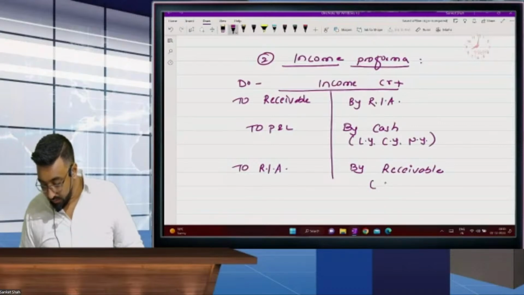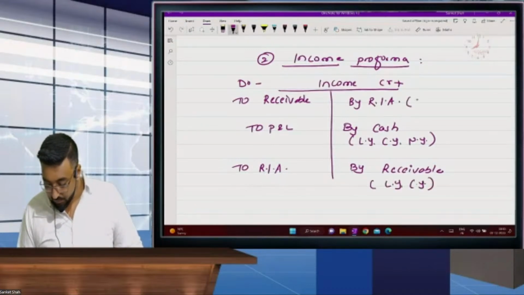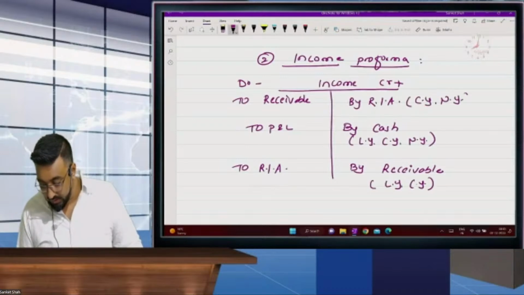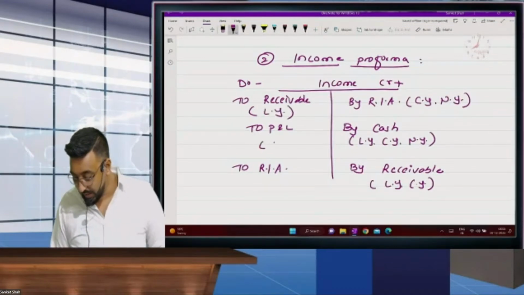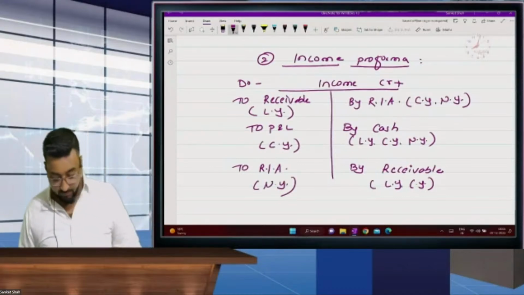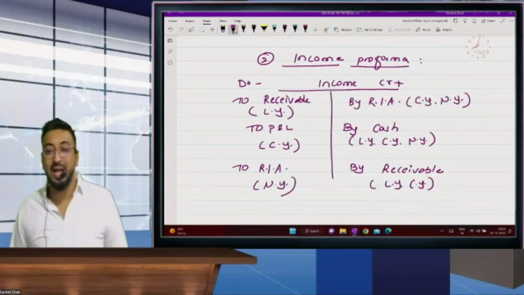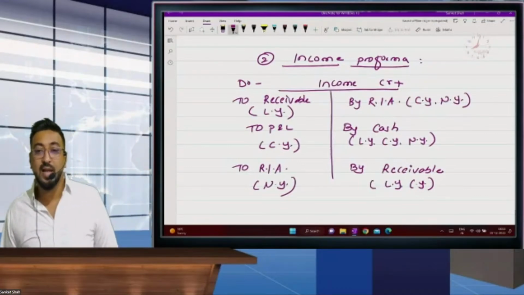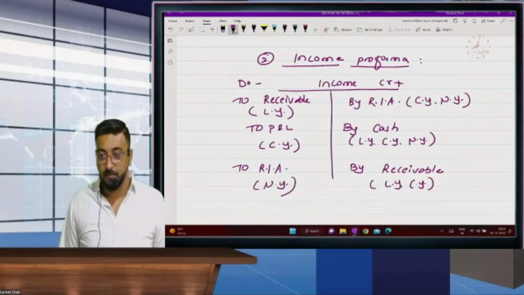Now by receivable, beta, is it of last year or current year? It is, beta, current year or next year. It's similar, beta. To receivable is of last year, exactly mirror image, and this is next year. Okay. So by received in advance is never of last year. Received in advance is either current year or next year. Current year for opening, next year for closing.